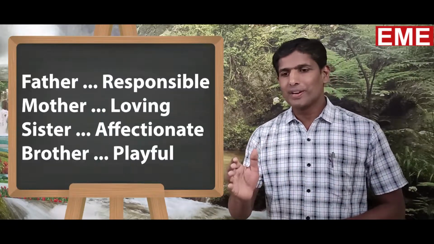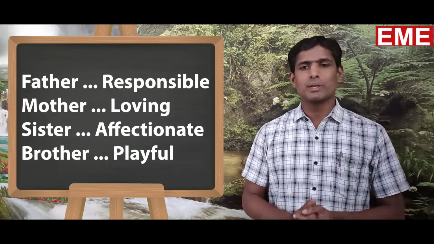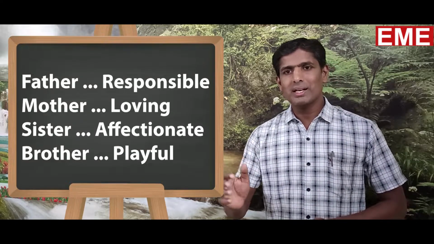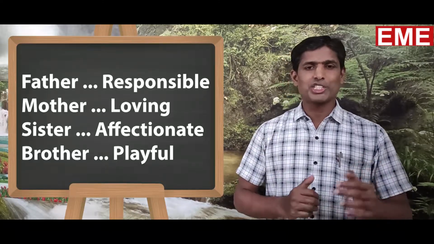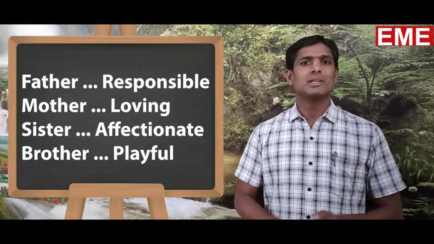In the second stage, I will ask you to describe each one in a word, just a single word for each one. How they are, their qualities, like father responsible, mother loving, sister affectionate, brother playful.